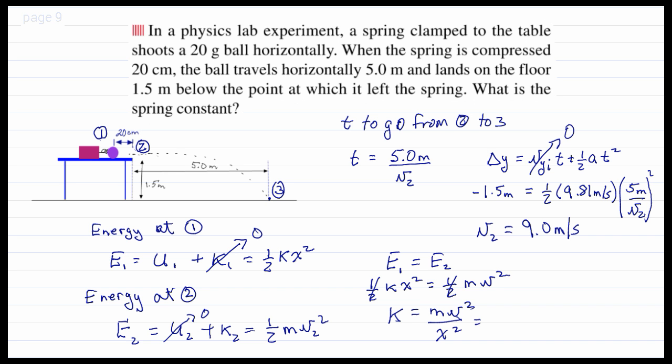And plugging in our values, the mass was 20 grams, so that's 0.02 kilograms, times the speed of 9.0 meters per second, and we square that, divided by the x, which is the distance the spring was compressed, and that is 20 centimeters, so 0.2 meters, and we square that. And I believe just two significant figures, you should get k to be 41 newtons per meter.